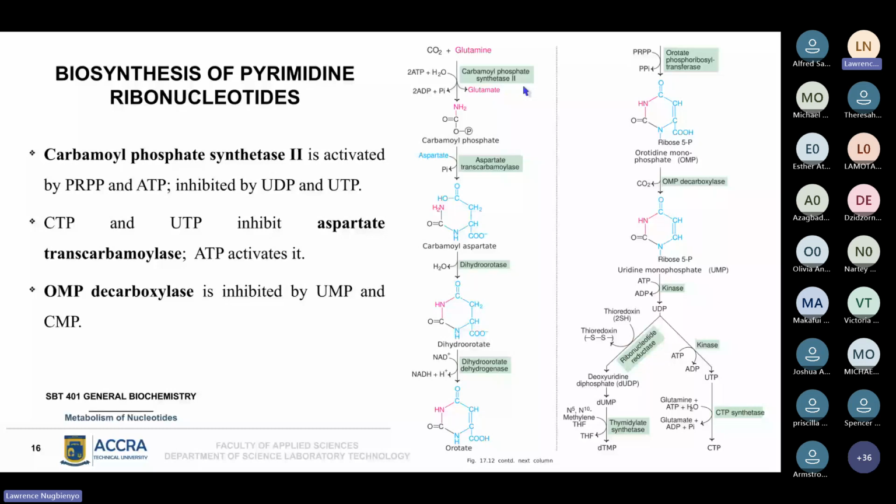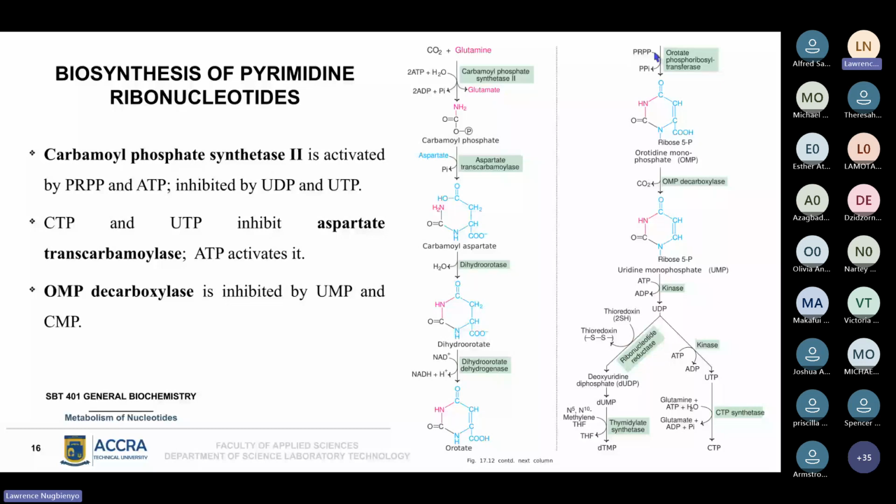As you can see from orotate or orotic acid, the continuation at the top there, you see the phosphoribosyl pyrophosphate coming in, which means the concentration of it in the system regulates the synthesis of these pyrimidine nucleotides. It will have to be there in adequate amounts in order for it to bind to orotic acid for the synthesis of these pyrimidine ribonucleotides.